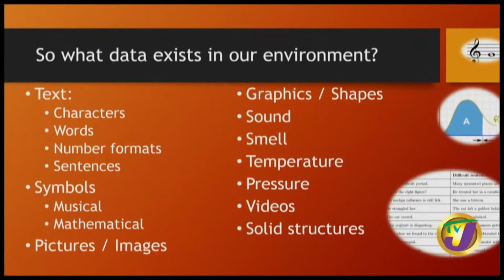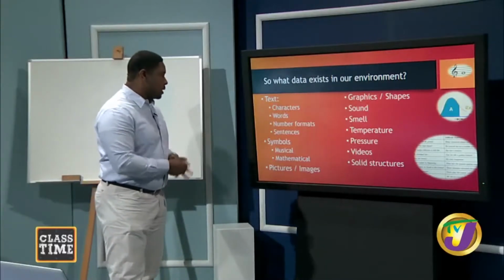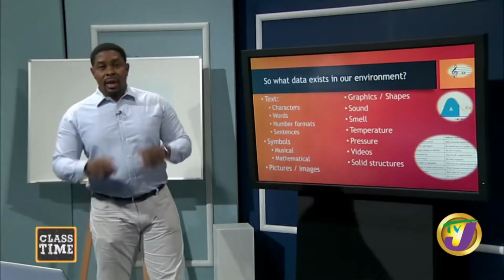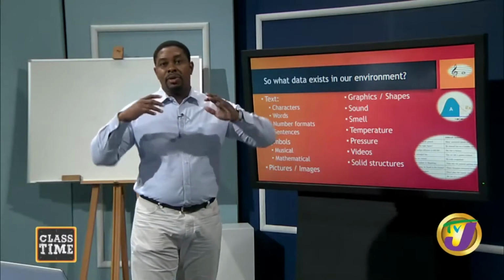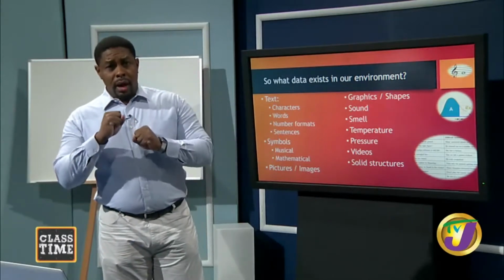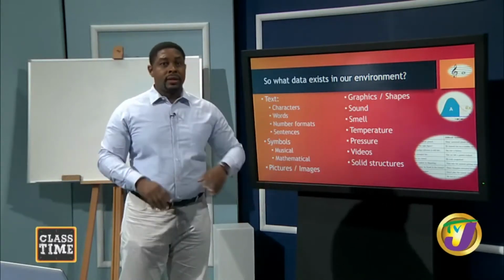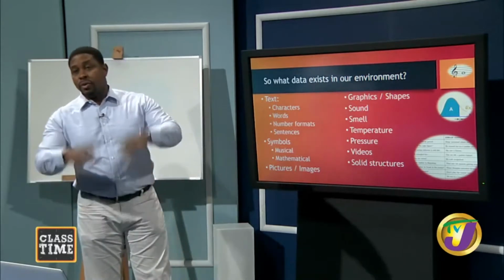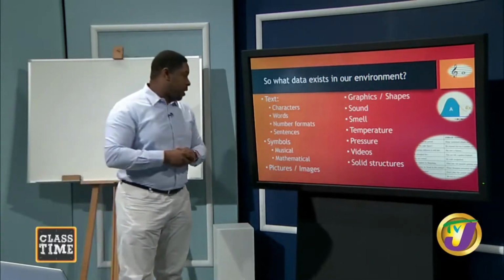And as a matter of fact, our acquaintance with it would not have existed unless we went to school and we understood what these symbols mean. All right? And then we have other forms of symbols like musical or mathematical symbols, your plus sign, your percentage sign, and all these other signs for integration, differentiation, for some of you who are in sixth form and might be doing pure math, all right?